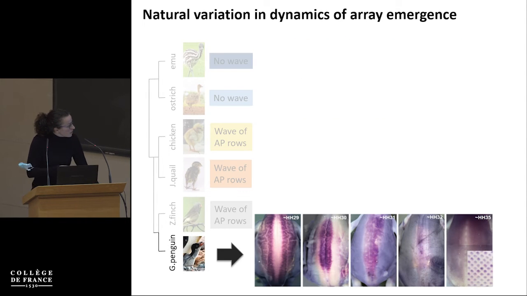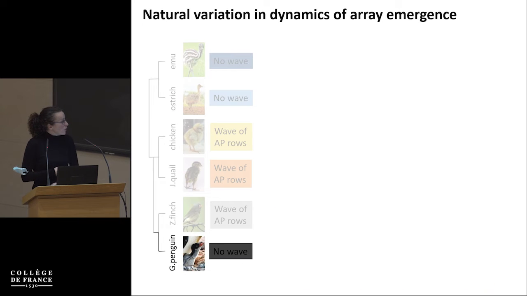And more surprisingly, in the gentoo penguin, which is closer to the finch, beta-catenin is also expressed in these wider areas, within which primordia emerge all at once, in a very peculiar geometry to which I'll come back in a second. So in the penguin, there is no wave either.